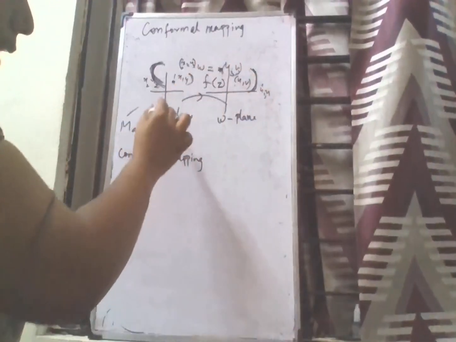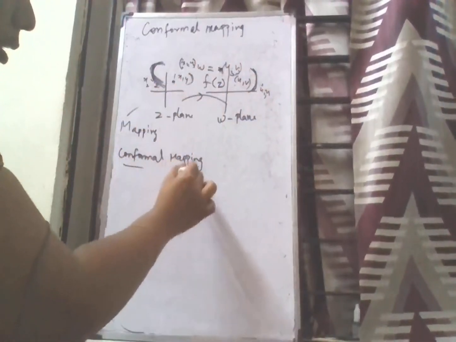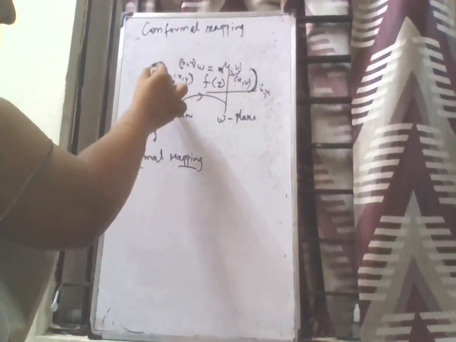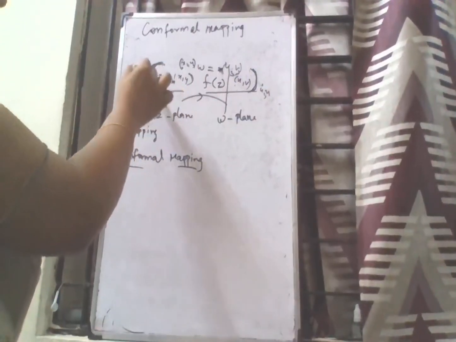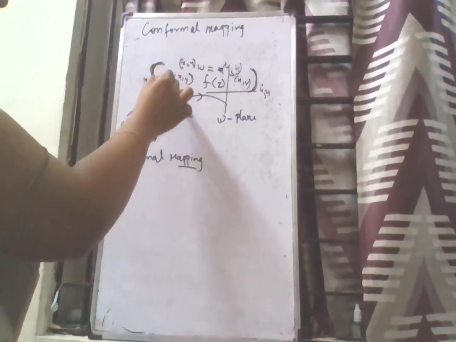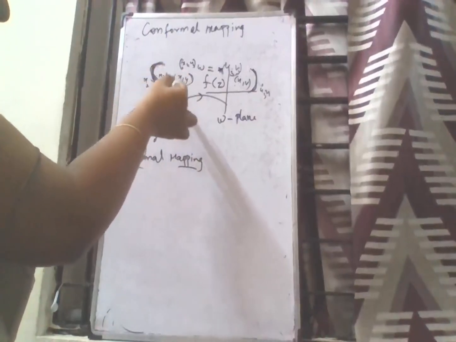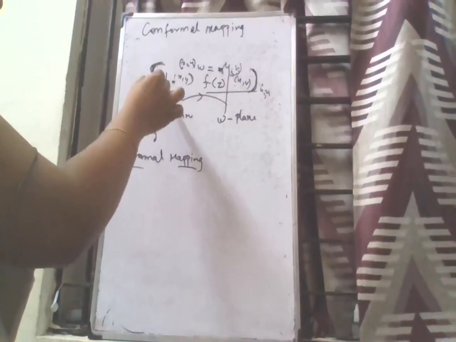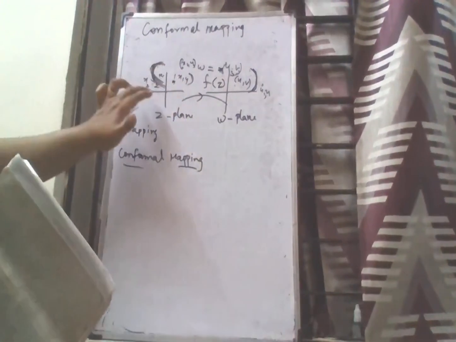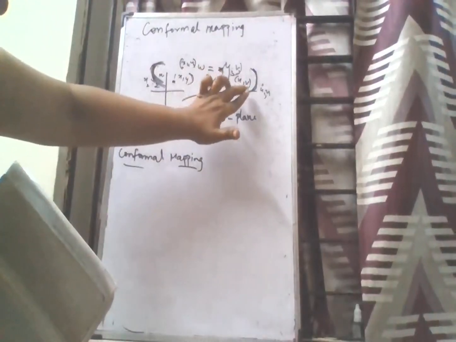So when do we say this is conformal? It should satisfy both sense and magnitude for each and every point x2 y2, x3 y3, x4 y4. So x2 y2 here means u2 v2 here also; it should satisfy.